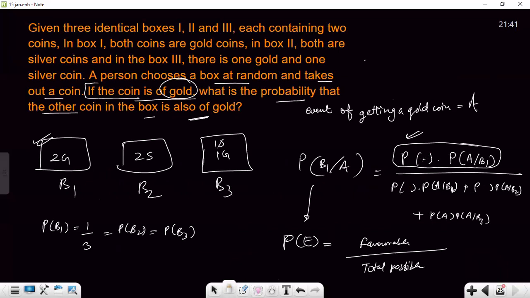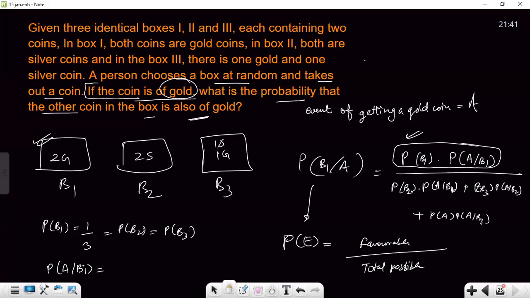Here there will be A only, but B1 here, B2 here, and B3 here. Okay, so this is the dependent event where A and B1 are dependent events. So we know probability of B1, B2, B3. What will be the probability of getting a gold coin in B1 box?